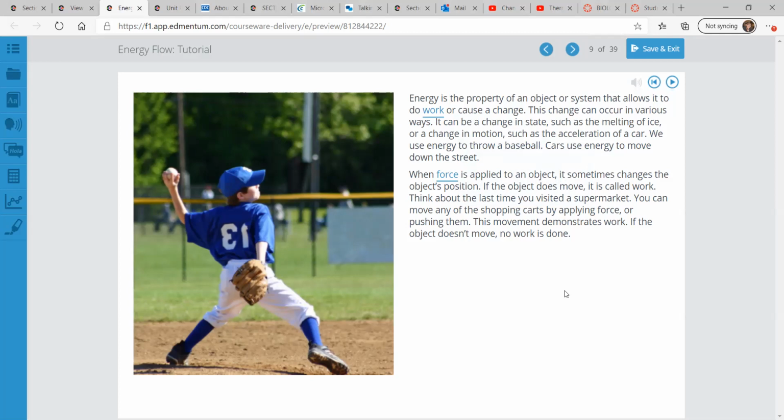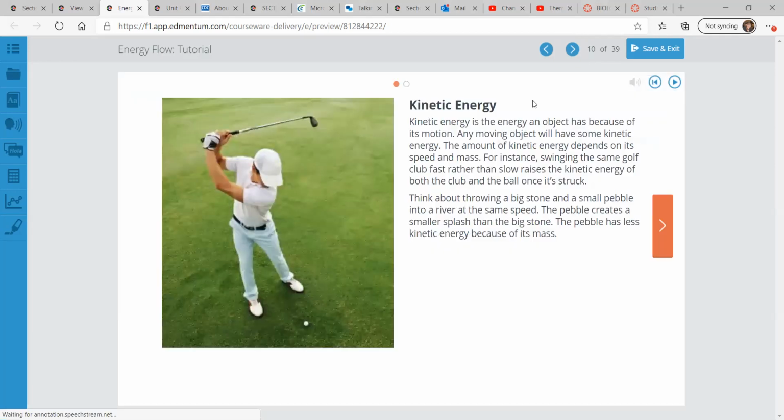You can move any of the shopping carts by applying a force or pushing them. And this movement demonstrates work. If the object doesn't move, no work is done. So you apply a force and you're doing work on the cart. That's how we phrase that in physical science.